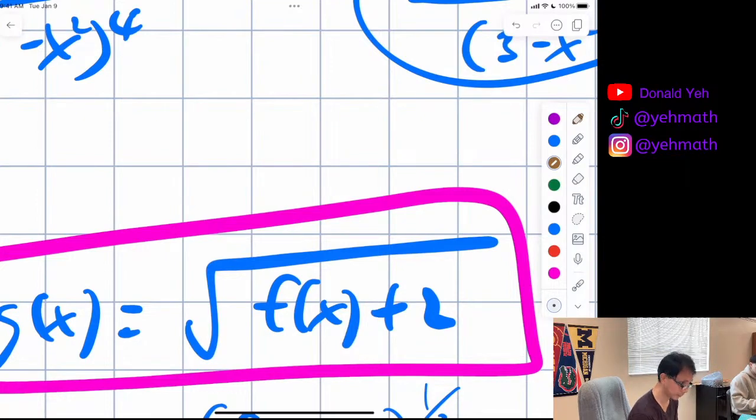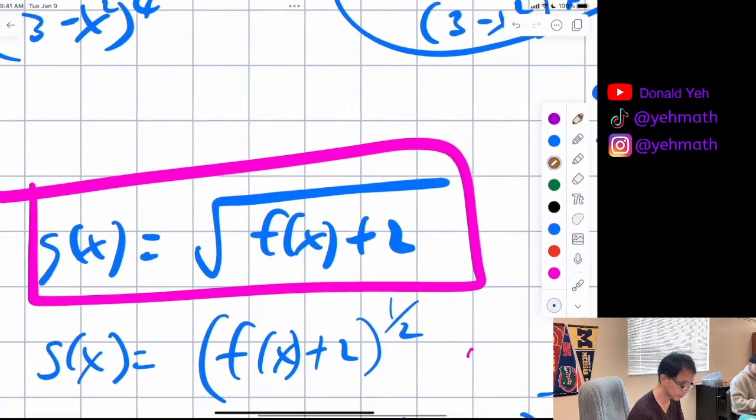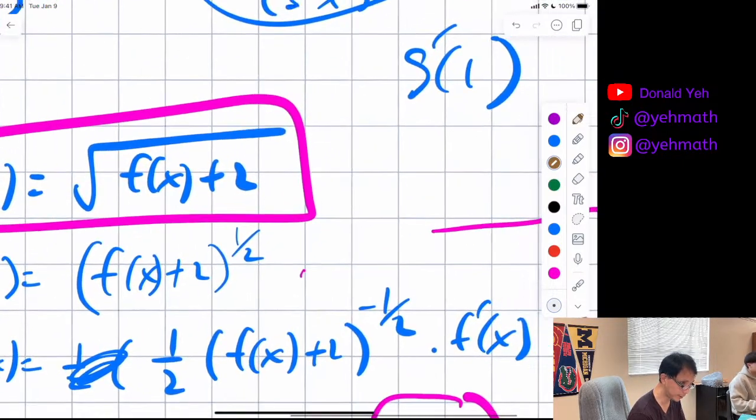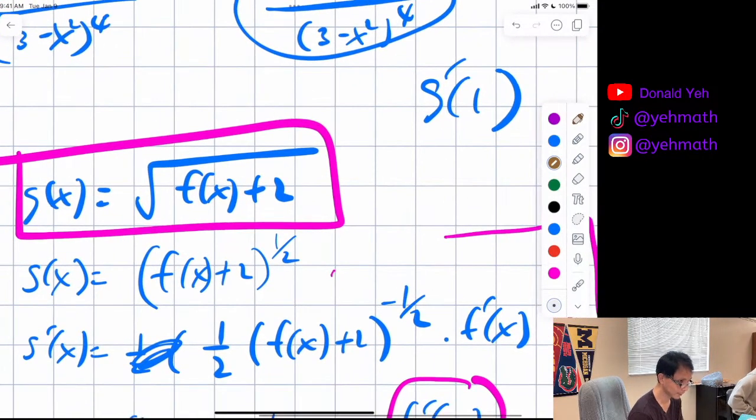What is the derivative of that? 1 half times 1 over the square root of f of x plus 2, times f prime of x. Okay, Chase is cooking. Good job. So that's gonna offer you 1 check mark out of 2.